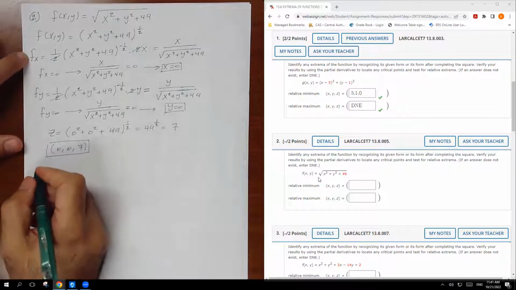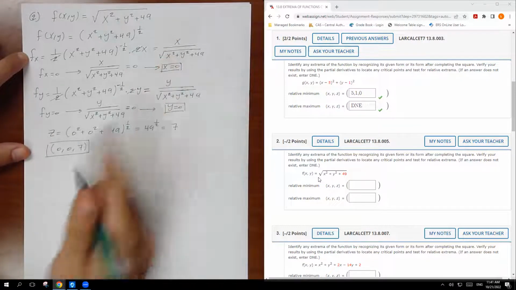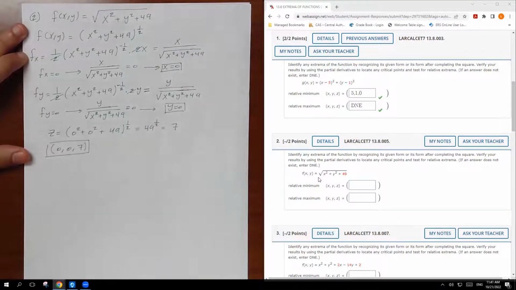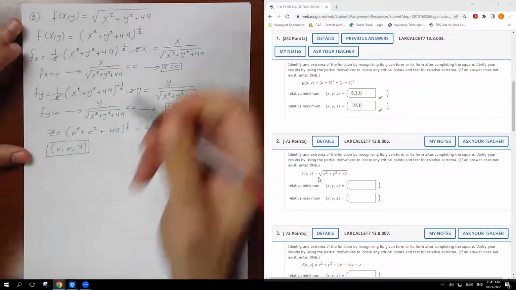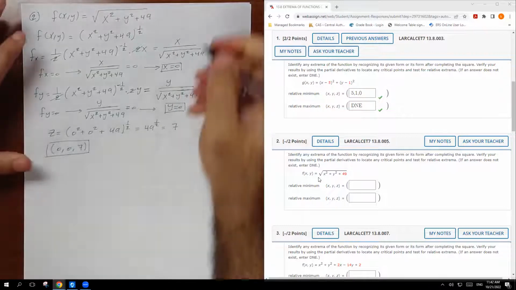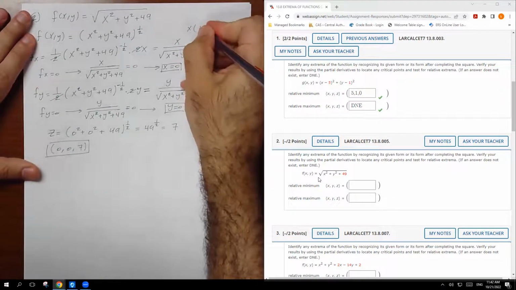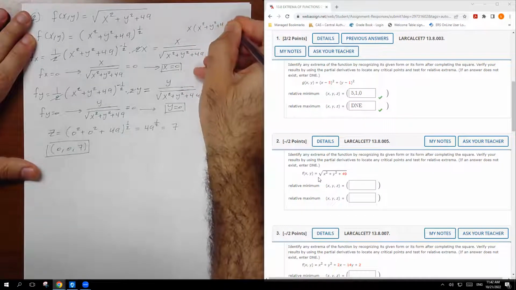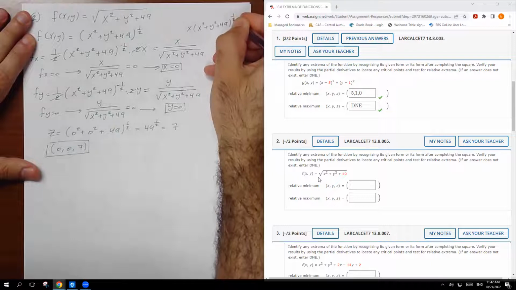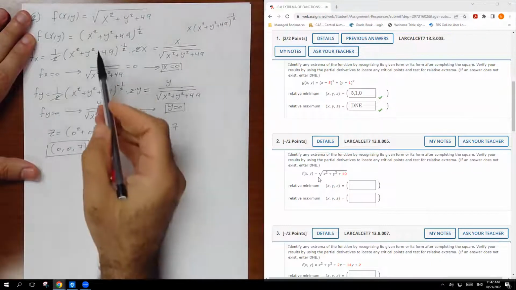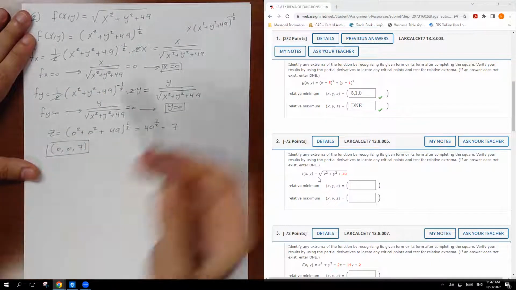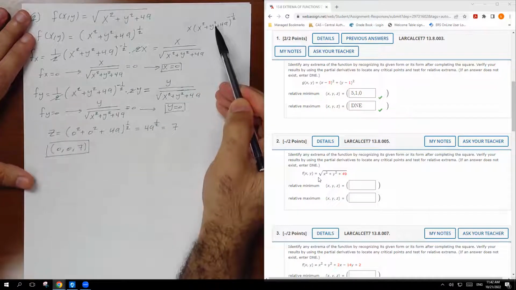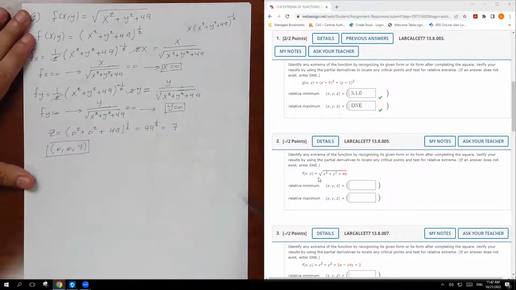Now here is our f sub x. We can write down this function as, because I need to find the second derivative, x times (x squared plus y squared plus 49) to the negative half. I'm going to work on this side. So it's going to be the product of two functions, the first one times the second one, using the product rule and chain rule.